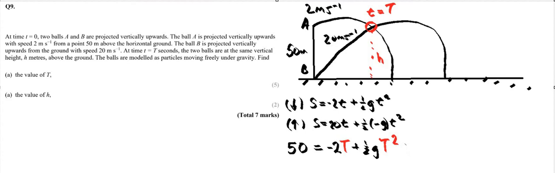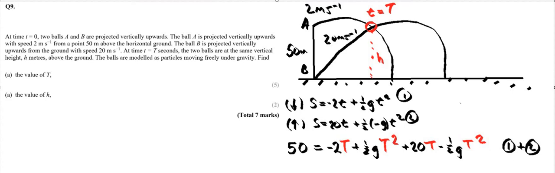And then I'm going to put my second equation, which is plus 20t, and then that's minus 1/2 g times t squared. Okay, so now I've added, this is my equation 1, my equation 2. I've written equation 1 plus equation 2.